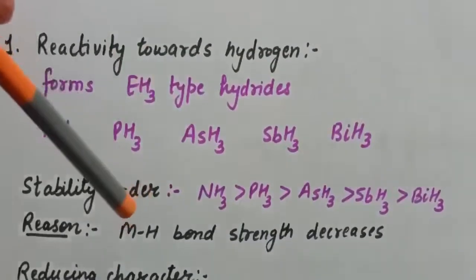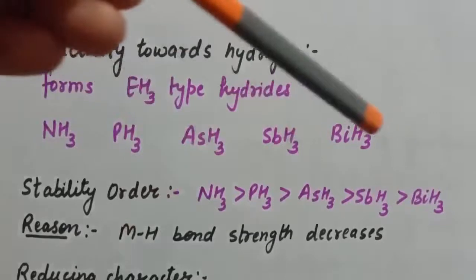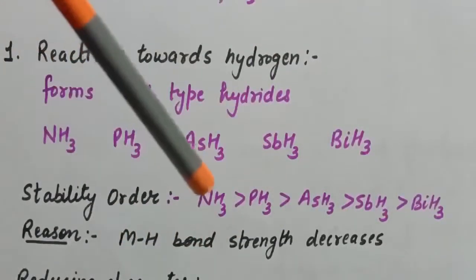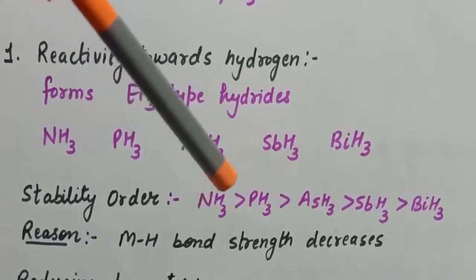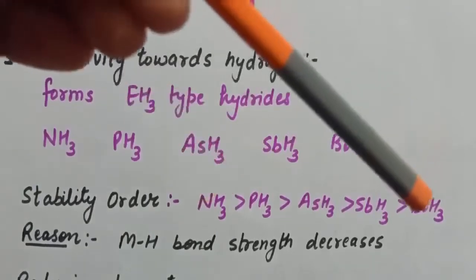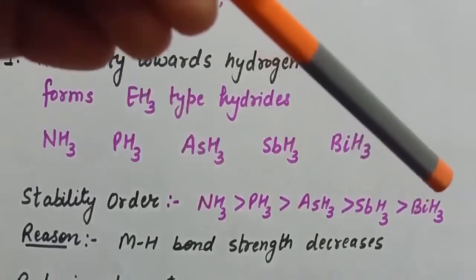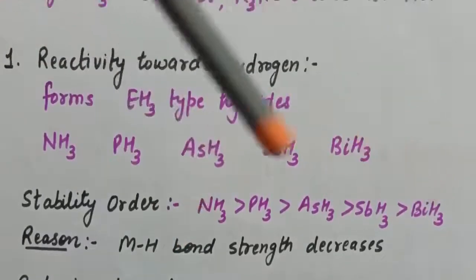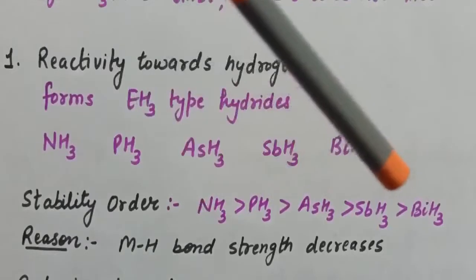And the reason is that when we move from nitrogen to bismuth, the M-H bond strength decreases. That is, the bond between nitrogen and hydrogen is strong as compared to the bond between bismuth and hydrogen, because as we move from nitrogen to bismuth, the atomic size will increase.